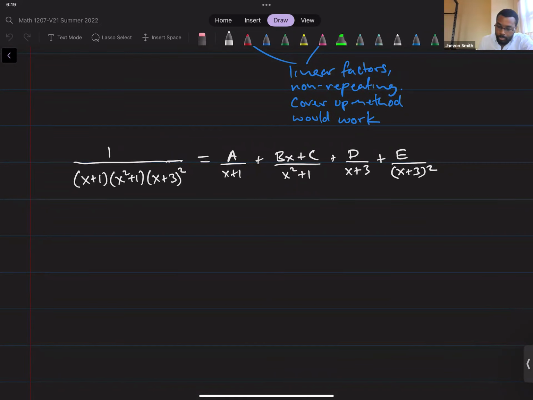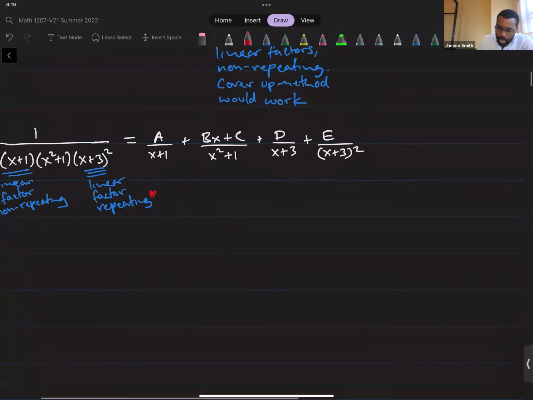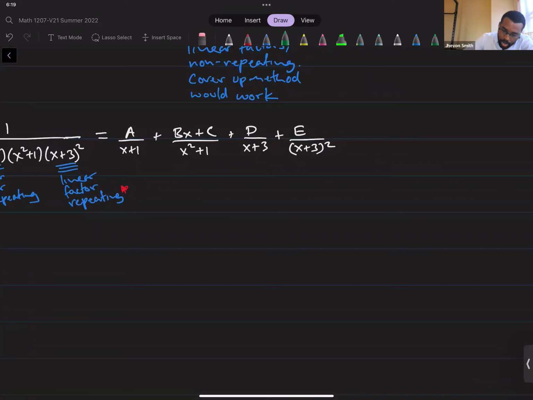Now, this one is a linear factor, non-repeating. This one is a linear factor, but it is repeating. There is a nuance on this one. Essentially, the cover-up method would work to find this one.